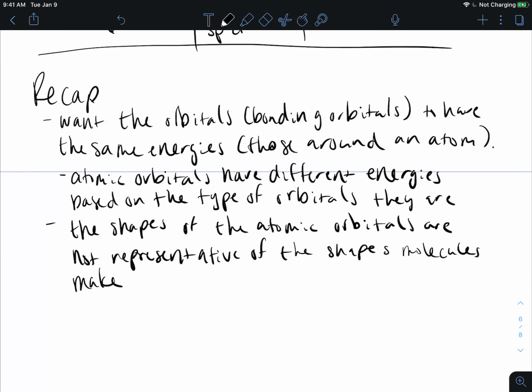So they don't match with VSEPR. They're not going to give us the geometries that VSEPR says we should have. So these are why we hybridize.